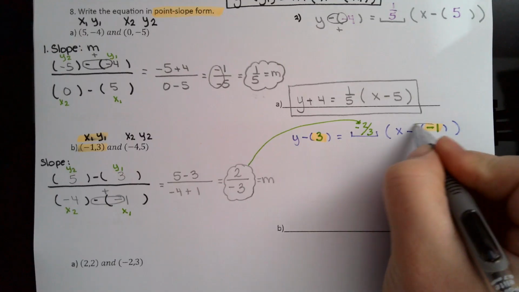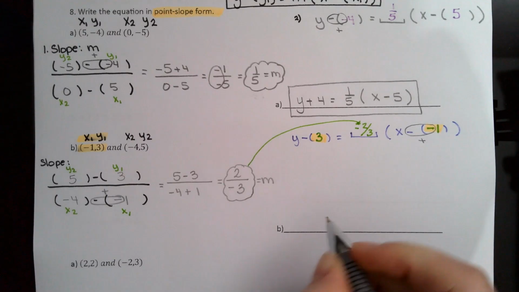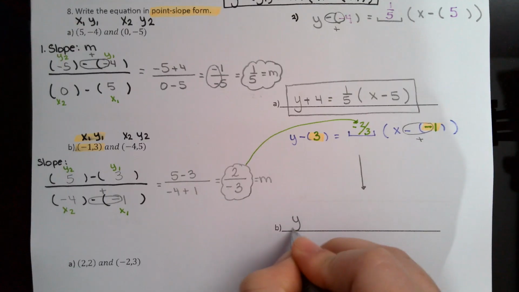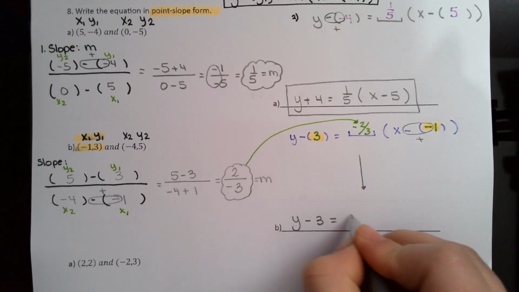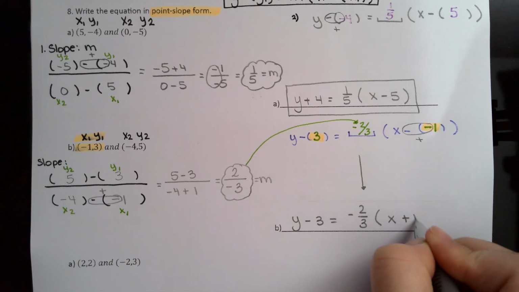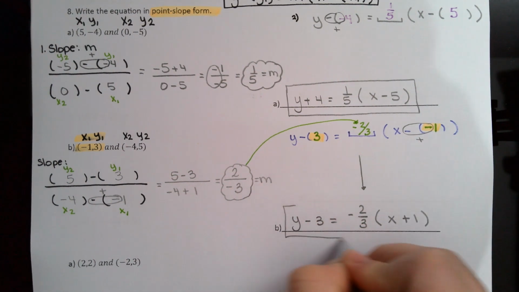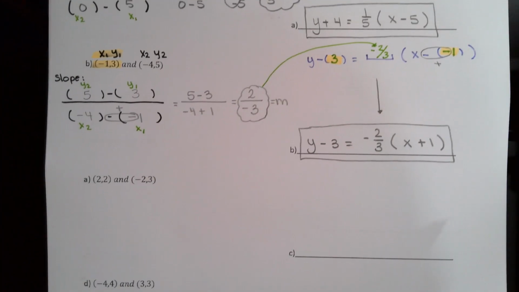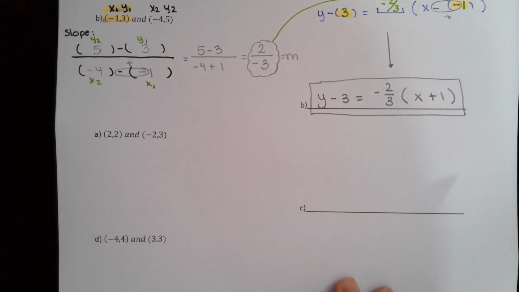Any double negatives? Yes, I have 2 minuses here. So to write our answer, we have y minus 3 equals -2/3, open, x plus 1, close it. Okay, this should be C.